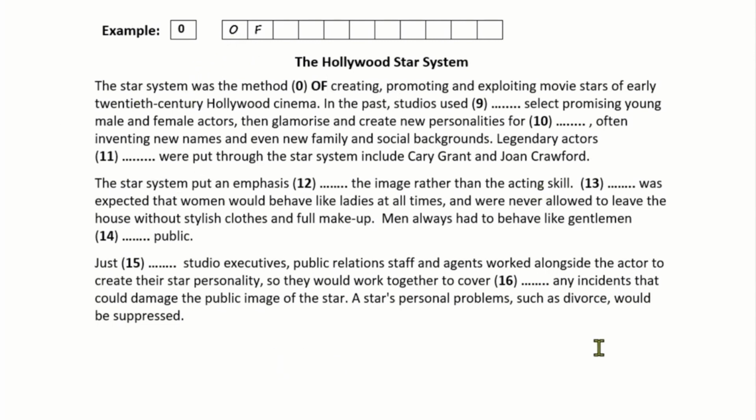So the first sentence reads: the star system was the method of creating, promoting and exploiting movie stars of early 20th century Hollywood cinema. Okay, on to the second sentence and that gap, and we've got: in the past, studios used something. Now, used is usually followed by a noun. For example, I use a knife and fork to eat, or I use a pencil to write with.